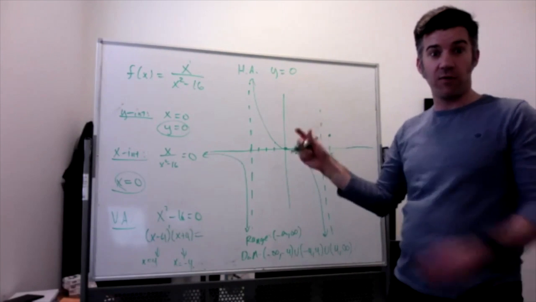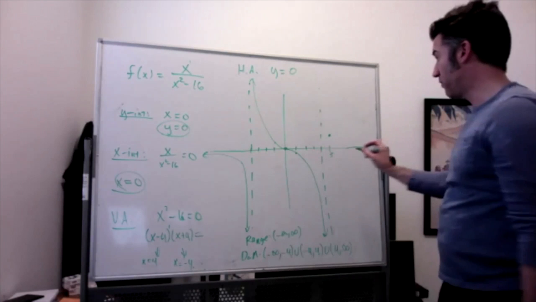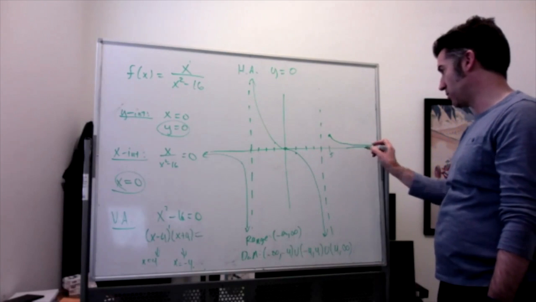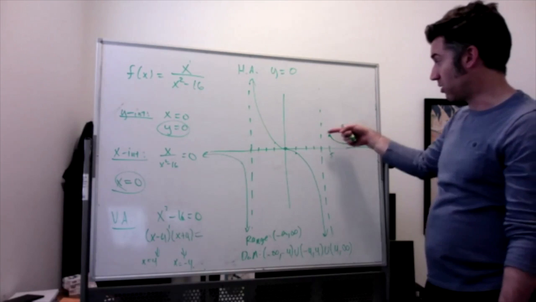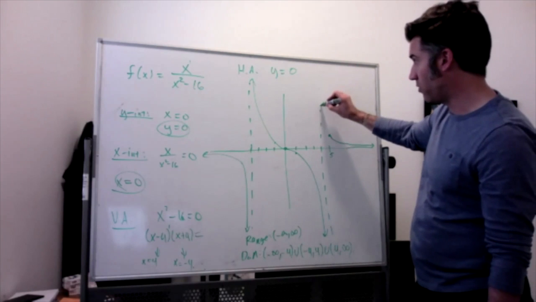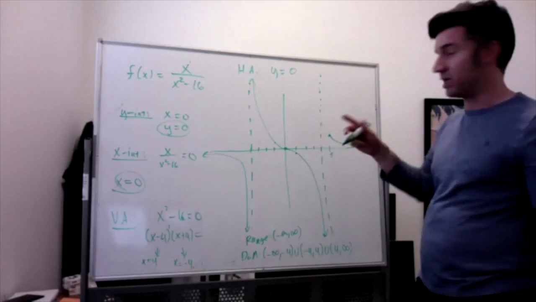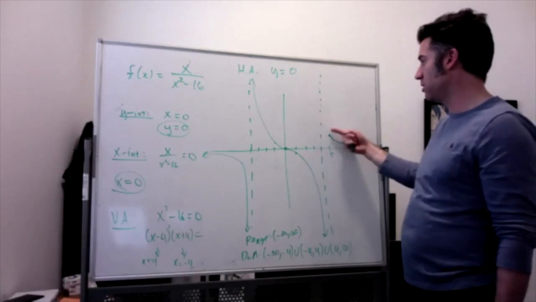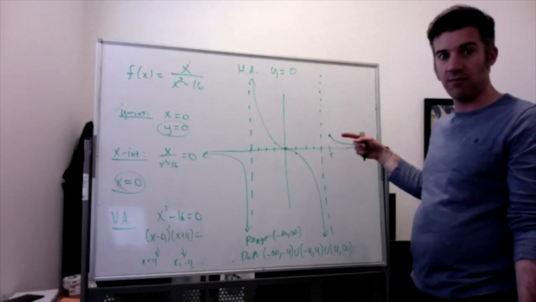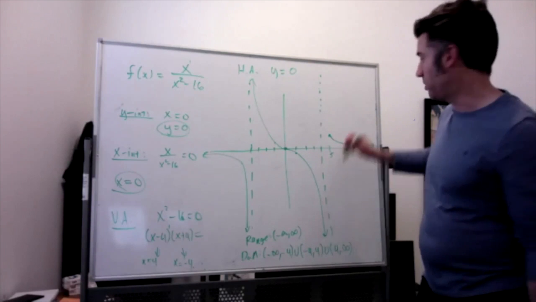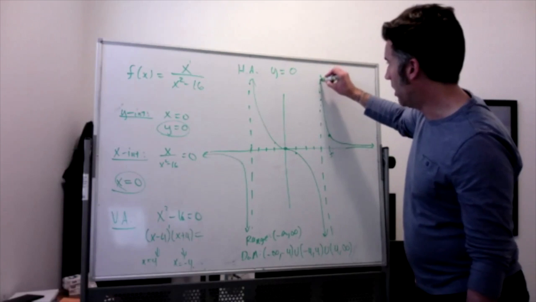So as we go further out in either direction, the function has to get closer and closer to the horizontal asymptote. As I go this way, back towards this vertical asymptote, there's 2 options. I can either go up to infinity or down to negative infinity. But I can't go down to negative infinity because I don't have an x-intercept. So I have to go up this way.